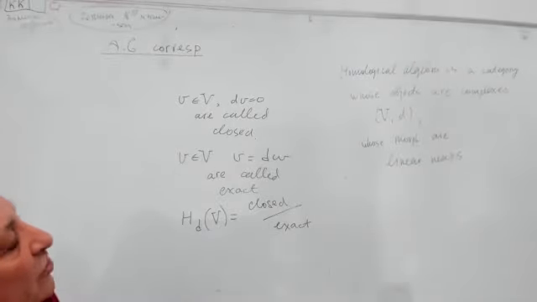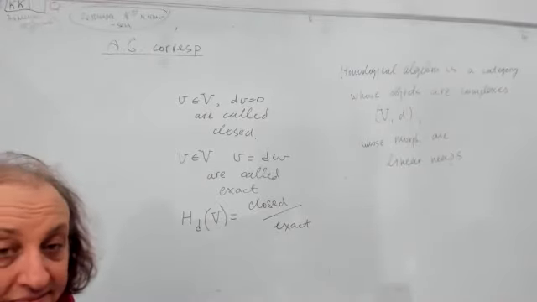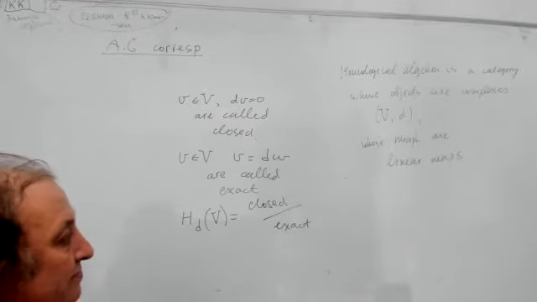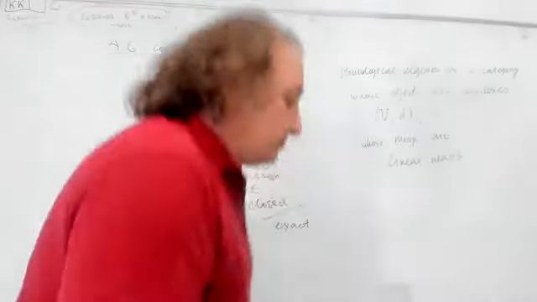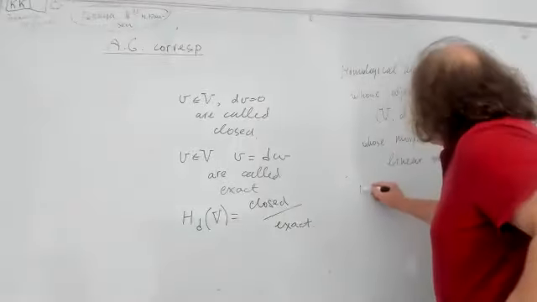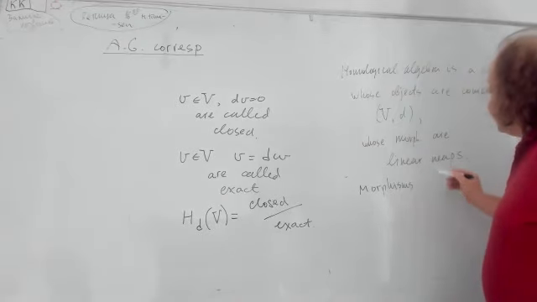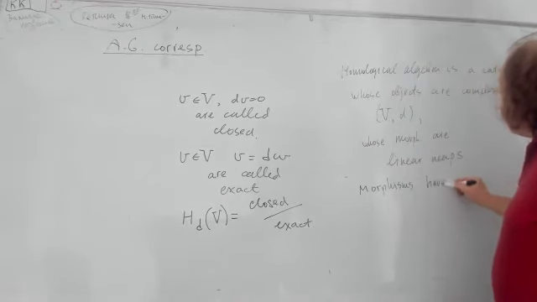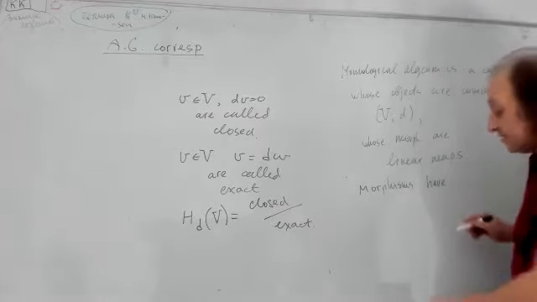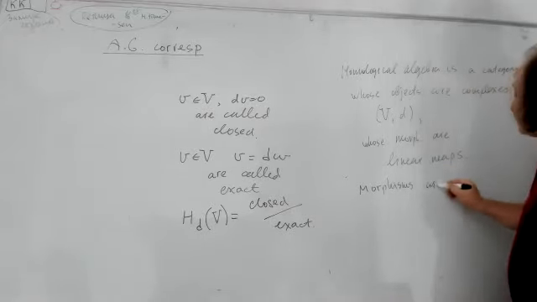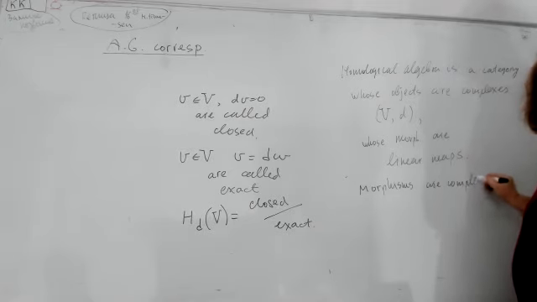And being linear maps, so it's a category, yes? And what is important is that morphisms are complexes themselves.